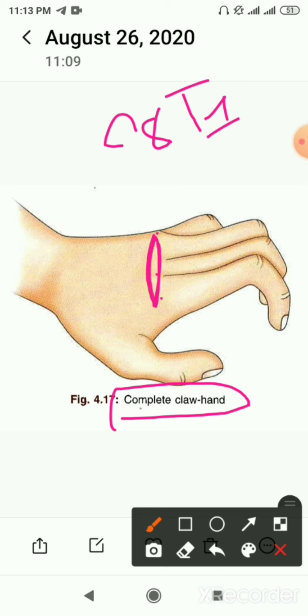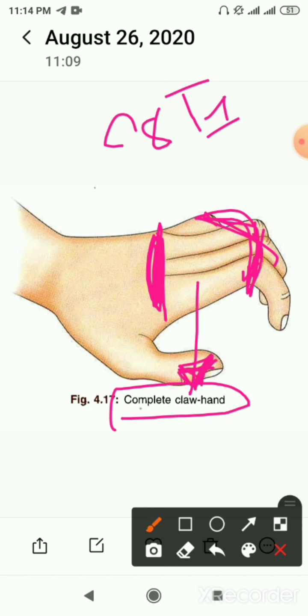These joints are hyperextended, and the interphalangeal joints are flexed. These joints are the interphalangeal joints. You can see there is flexion of the interphalangeal joints and hyperextension of the metacarpophalangeal joints. This produces a clinical condition called complete claw hand. It is seen in Klumpke's paralysis. So that's all about Klumpke's paralysis.